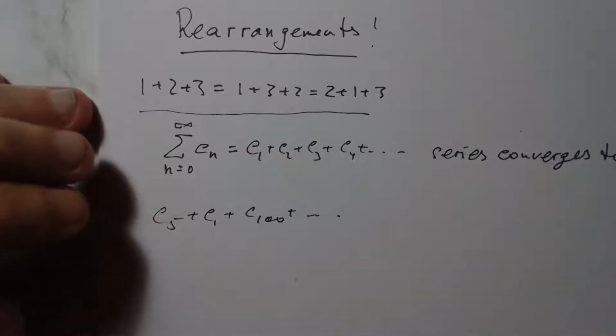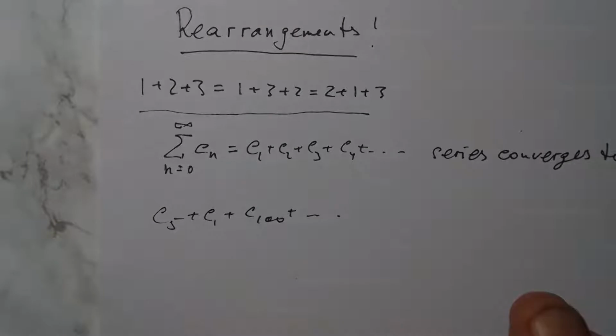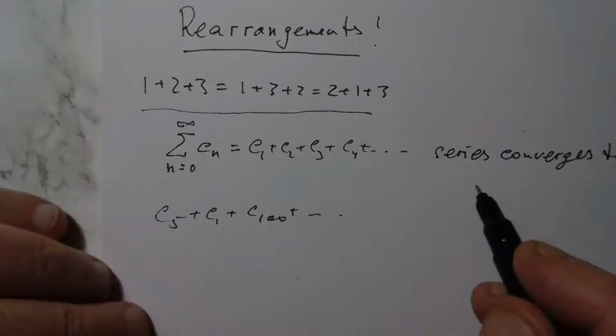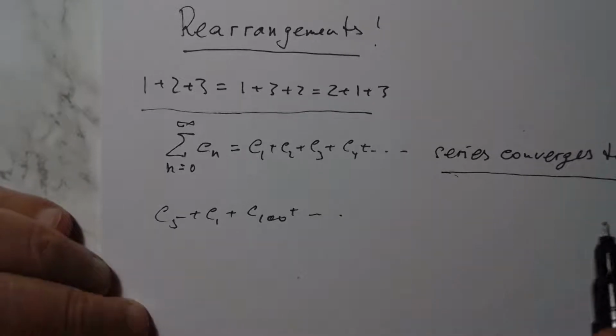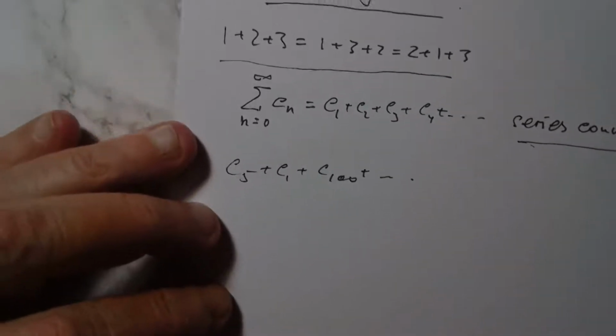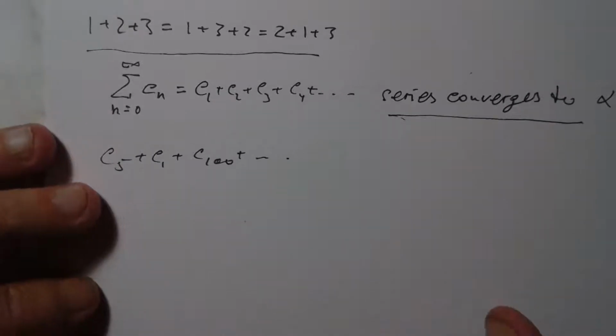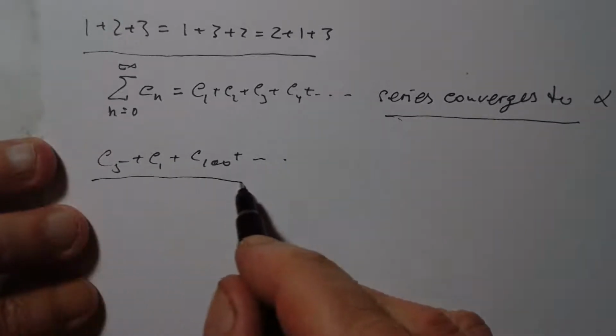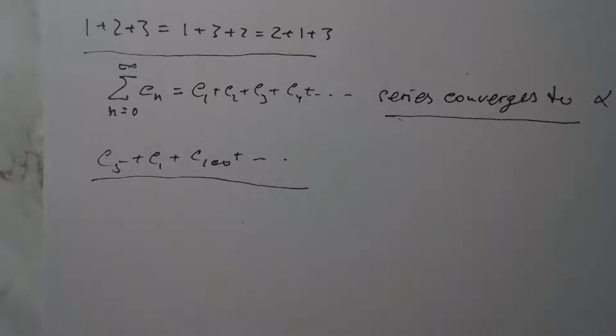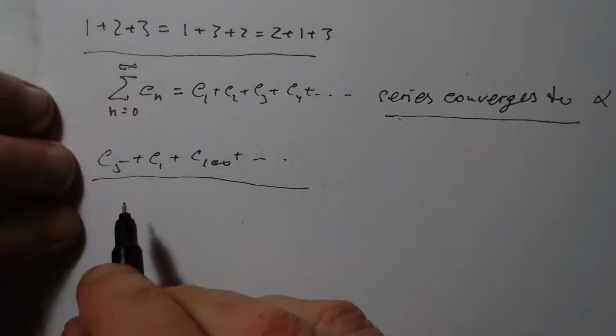The first question is, would the series necessarily converge? So I'm adding these numbers in any order, and would it converge to the same alpha? Okay. And there are two answers to this question as before. One of them is almost predictable. So before I start, let me talk about rearrangements, and let me try to define it in any reasonable way.